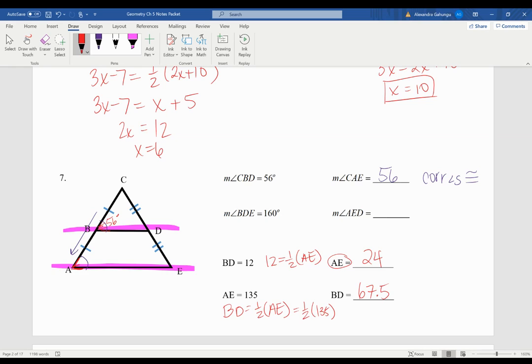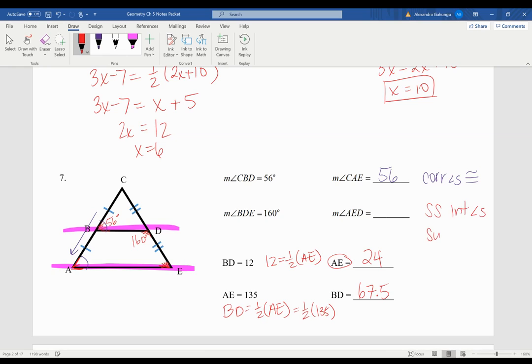And then BDE is this angle over here. It's 160. AED is this angle. And they are actually on the same side and in the interior of my parallel lines. They are our same side interior angles.